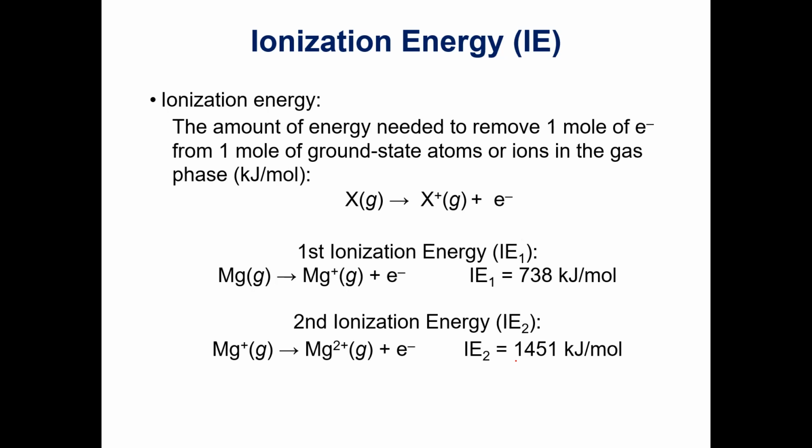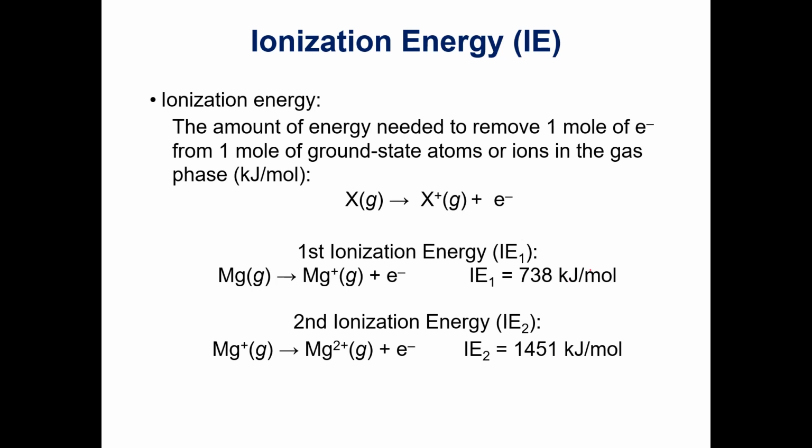And if you look at a table of ionization energies organized by how many electrons we've removed, you'll find that for magnesium, if we try to remove a third electron, the ionization energy doesn't just double, it increases much more significantly.